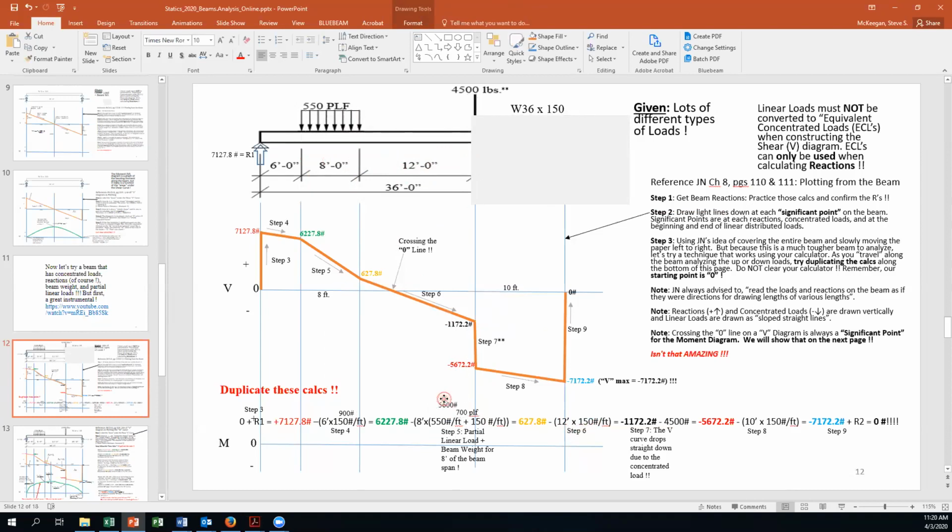That's going to drop overall 150 times 12, which is 1,800 pounds.